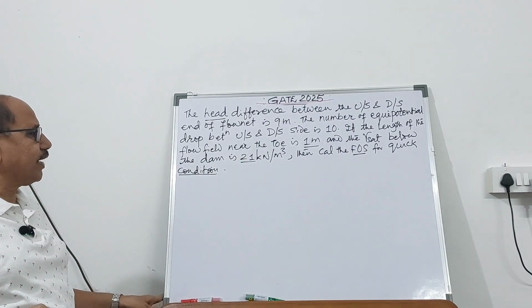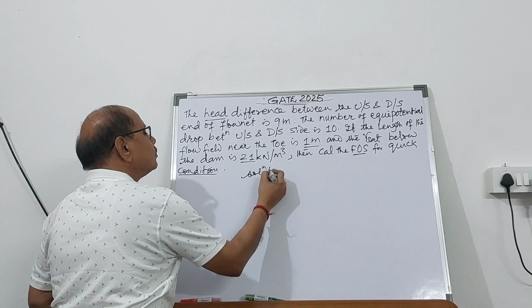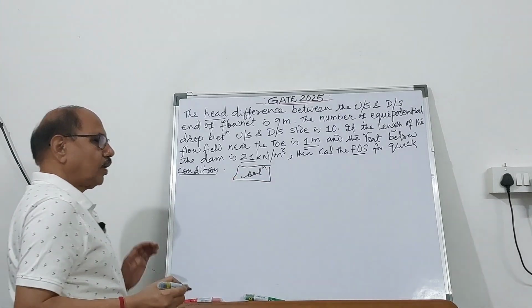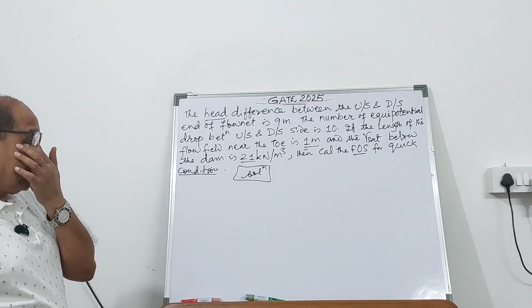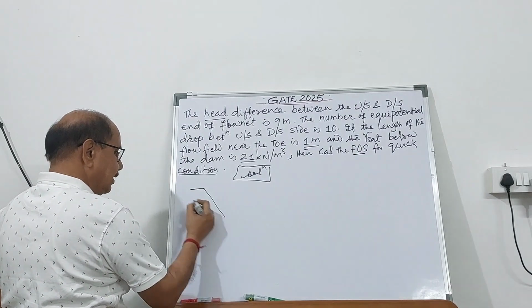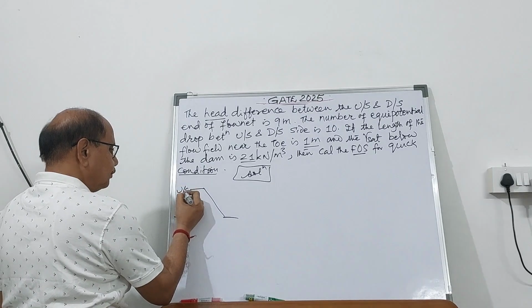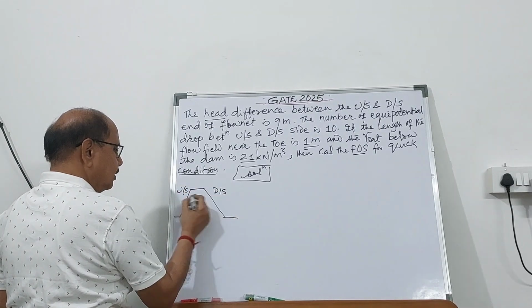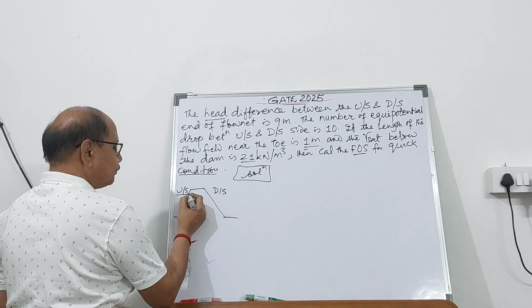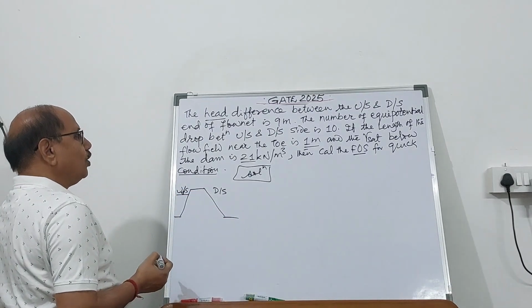Very simple problem. Again, you can see the solution. What is the factor of safety that's being asked? So you have a dam. An earthen dam is there. This is the upstream side. This is the downstream side. And the water is flowing.